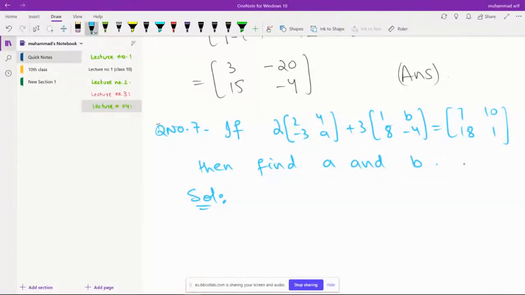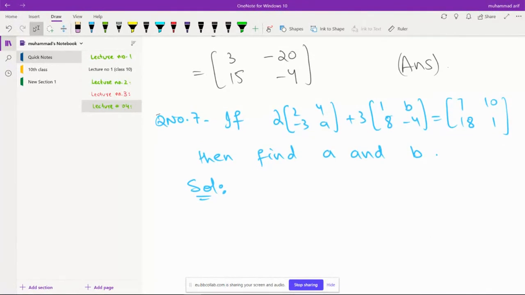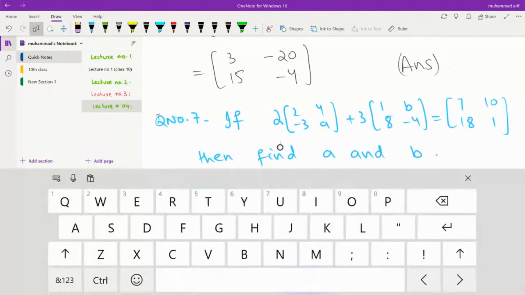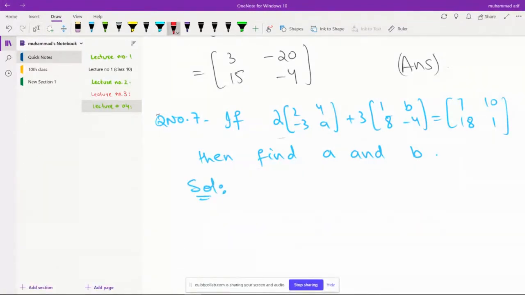Solution. Here given that the matrix 2 into 2, 4, -3A plus 3 into 1B, 8, -4 is equal to 7, 10, 18 and 1.